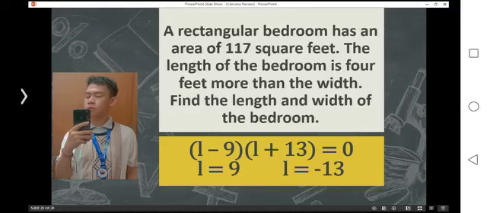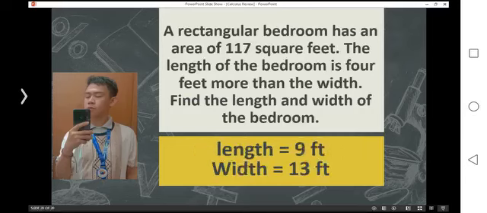So we will reject negative 13. We will use 9. So width is 9 and length is 13. So length is 13 feet while the width is 9 feet. So these are the dimensions of the rectangular bedroom.